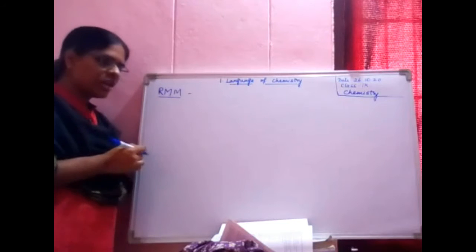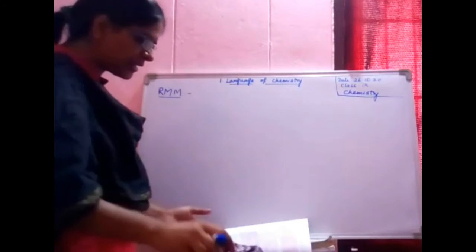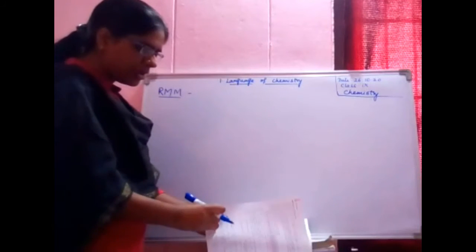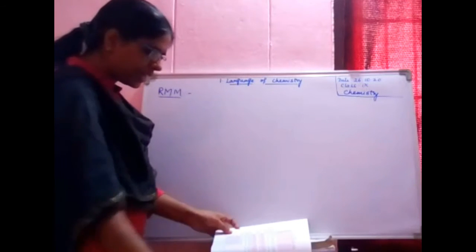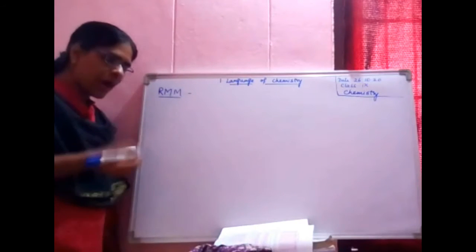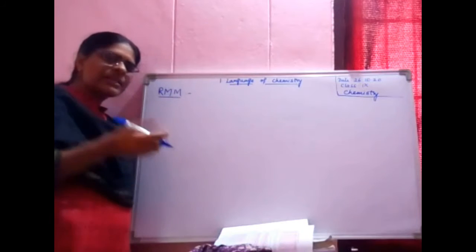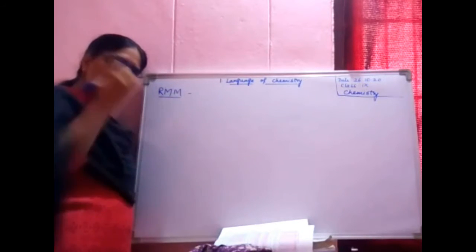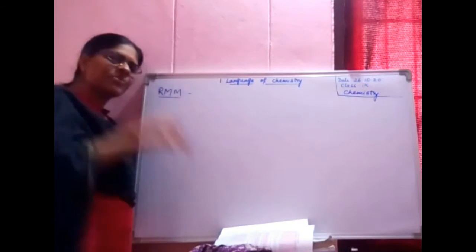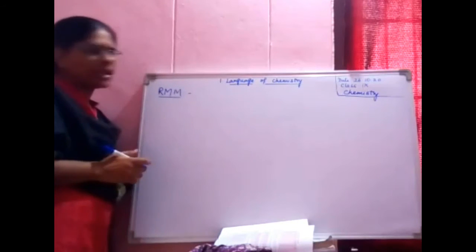Okay? Now, in your textbook, he has given you some examples to find the molecular mass of a compound, which is the sum of the atomic masses of all the atoms present in a molecule.